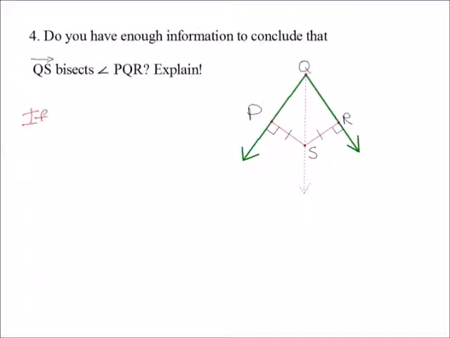We have two perpendicular segments. So PS is perpendicular to QP, and that's true because of the right angle, and we know that SR is perpendicular to QR, okay, so we got these two things down, and we know PS is going to be equal to SR.